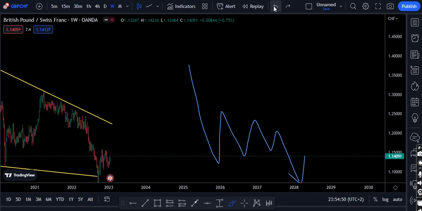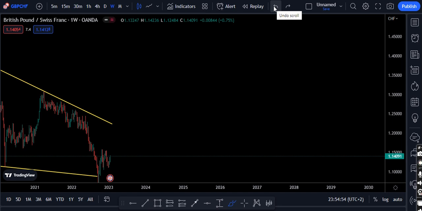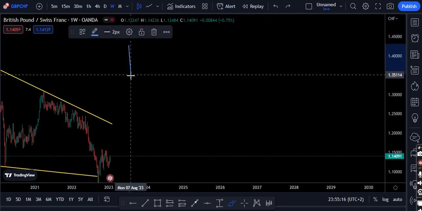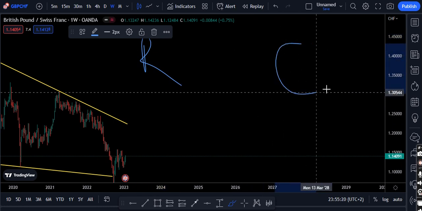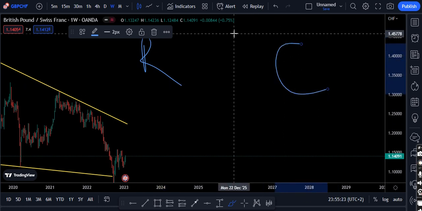Now we're going to jump over to the third point, where we'll speak about the categories of these patterns. These patterns are categorized into two different sections: reversal patterns and continuation patterns.